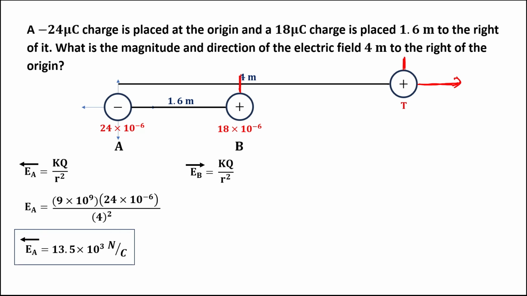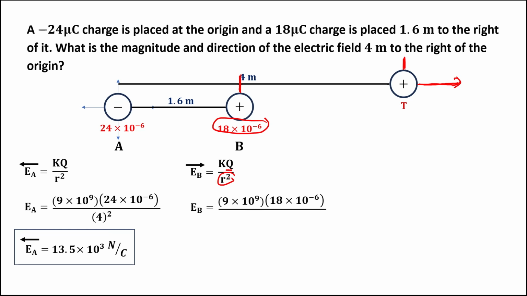Then to find the electric field for B, we have the Coulomb's constant, 9 times 10 to the power positive 9, times the charge for B, that's 18 times 10 to the power negative 6.